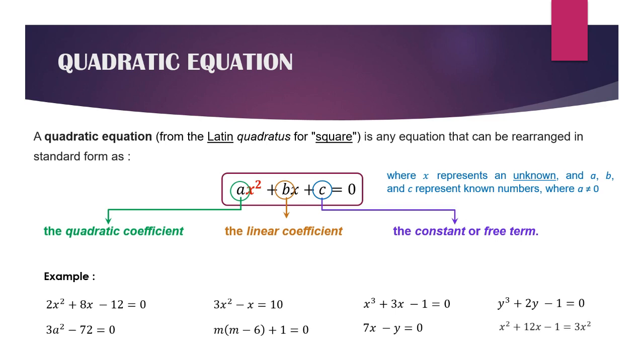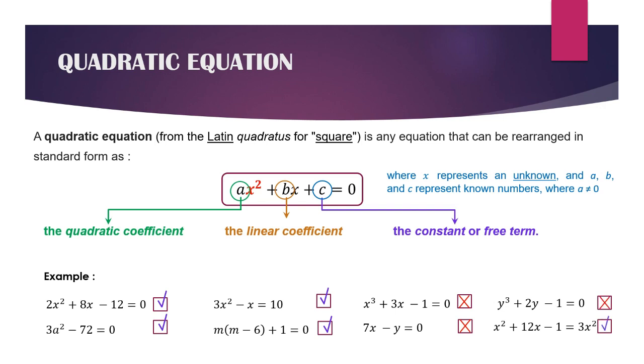Can you determine which ones are quadratic equations? Yes, this one is correct: 2x squared plus 8x minus 12 equals 0. 3a squared minus 72 equals 0. 3x squared minus x minus 10 equals 0. m(m minus 6) plus 1 equals 0. But x cubed plus 3x minus 1 equals 0 is not a quadratic equation.